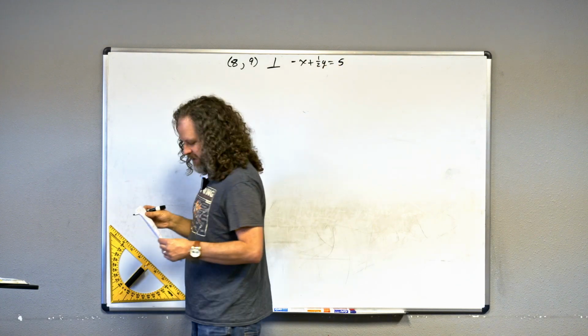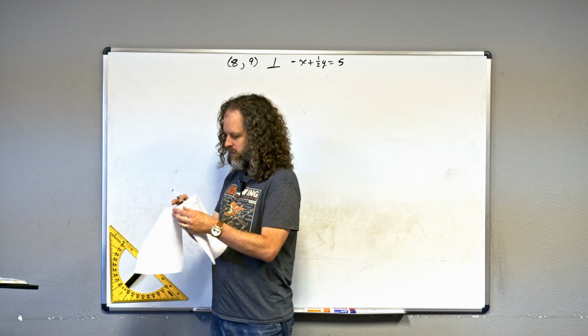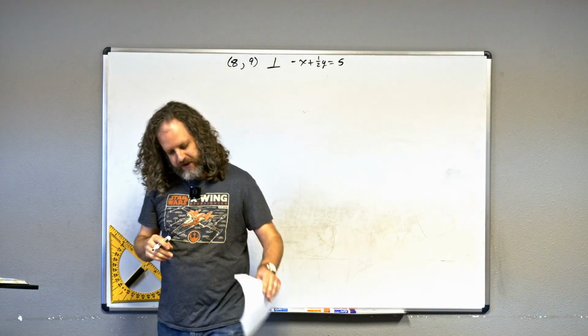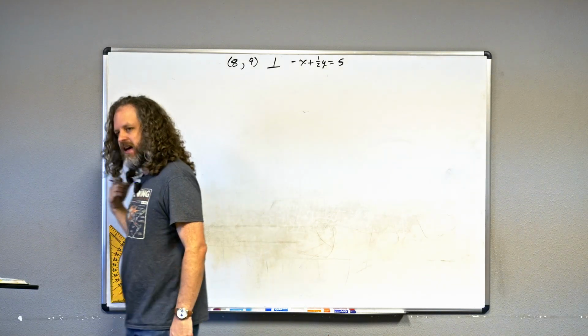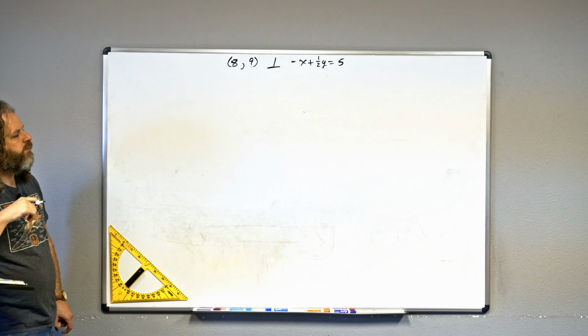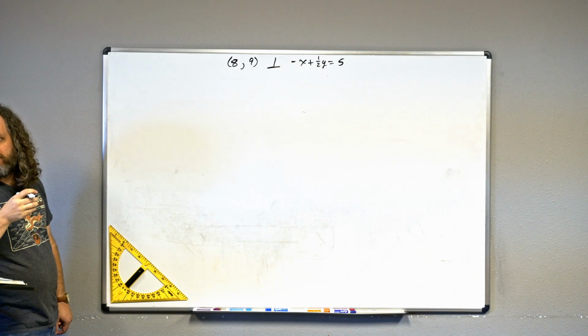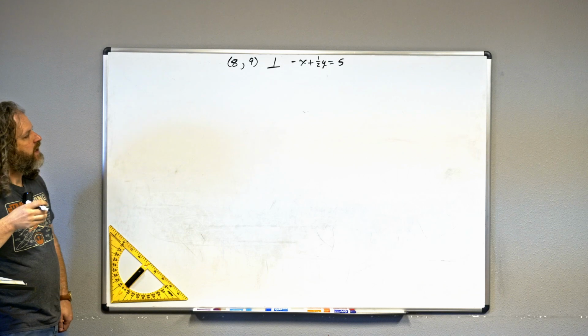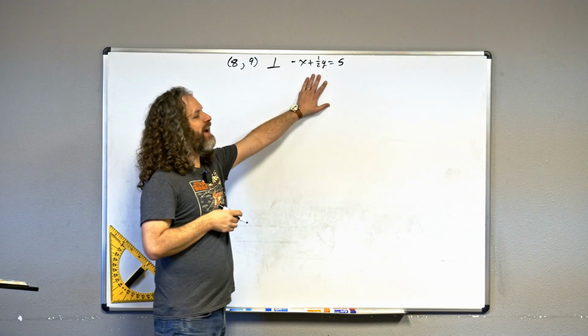The fact that our line is perpendicular to that line, what does that tell us about our line? Opposite reciprocal slope. True facts. So we need to figure out what the slope of this line is, right?